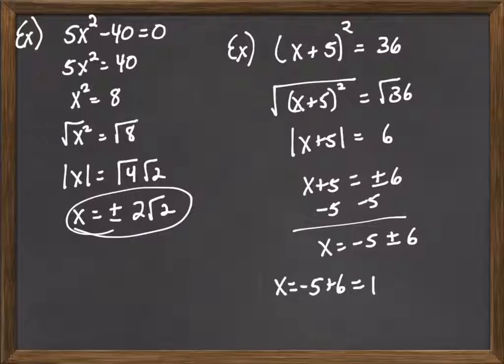So negative 5 plus 6 would be 1, and then negative 5 minus 6 will be negative 11. Okay, and so this time we actually get two different answers. Before they were always just plus or minus the same number.